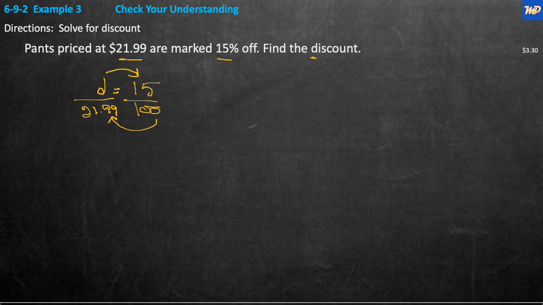We're going to take $21.99 times D over $21.99. This is so we can get the D alone by itself on the left-hand side. And it's 15 over 100 times the same thing. We multiply both sides by the same number, $21.99.